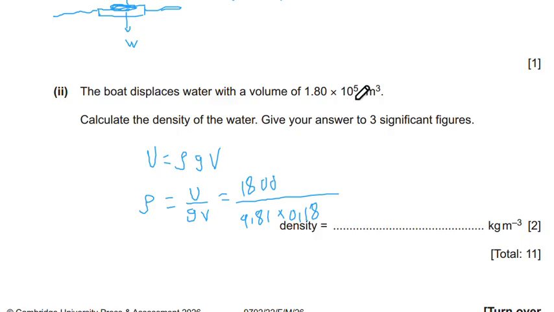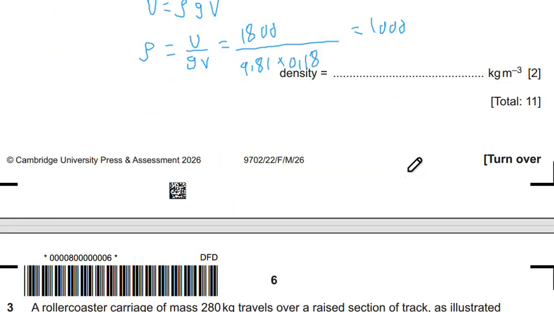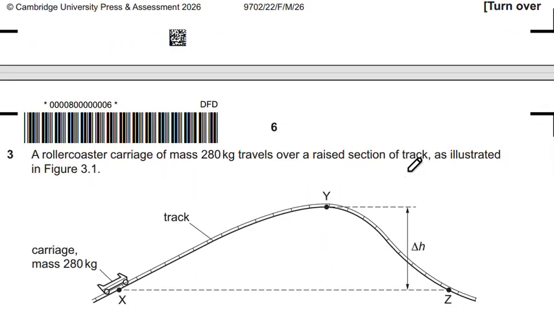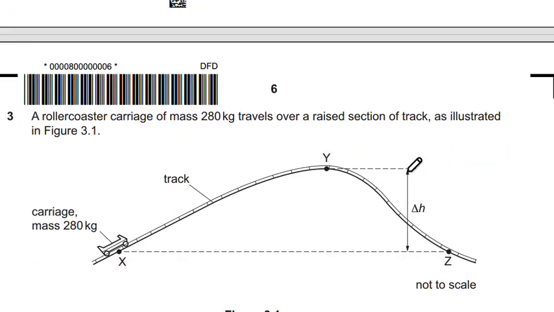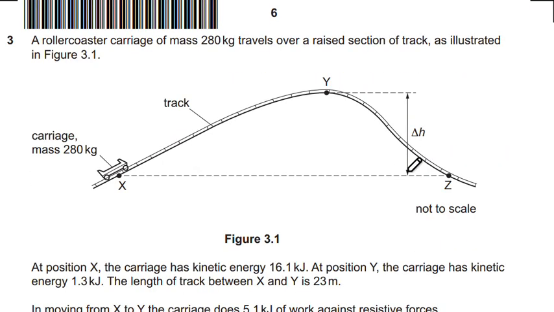I here converted by multiplying by 10 to minus 6. Then 1,000 kilogram meter cube minus 1, meter minus 3. This is a typical value for density of water.